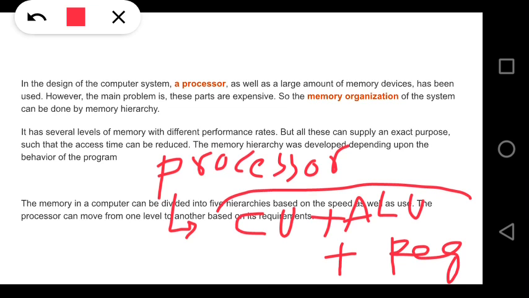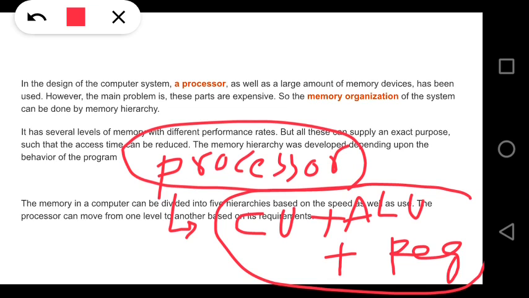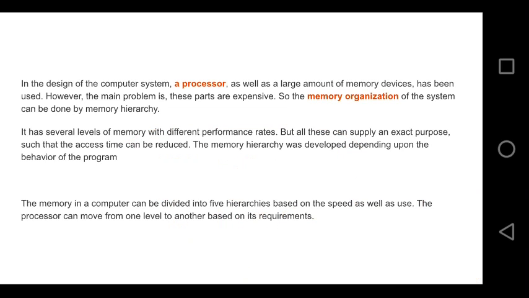So these three together we refer to as a processor. So in the design of a computer system, a processor as well as a large amount of memory devices is used. However, the main problem is these parts are expensive.